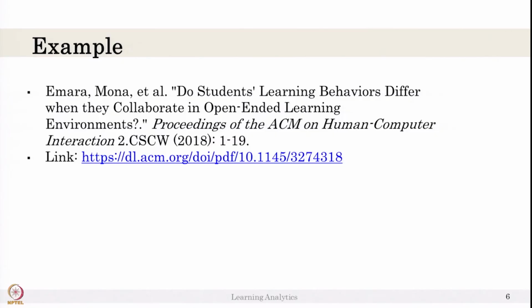If you are conducting studies, say in a class of 60 students, you want them to work in an online environment and you do a pre-test and post-test, and based on the scores you want to classify them as high scorers versus low scorers, you can create 2 groups: high scoring students and low scoring students. Then you can run pattern mining based on the actions to see whether there are any behavior differences.